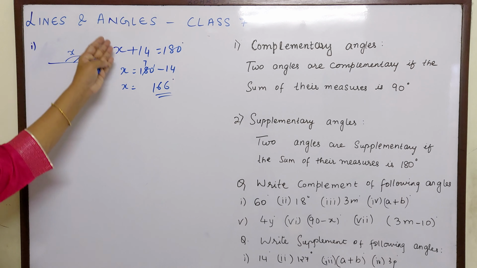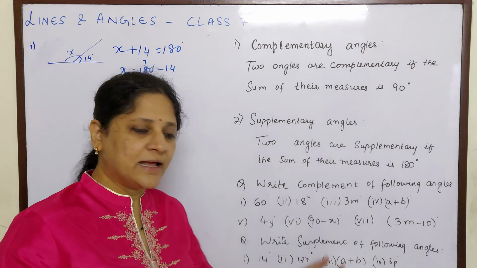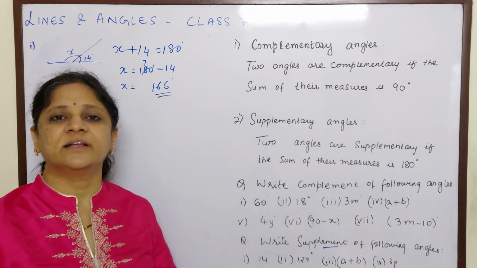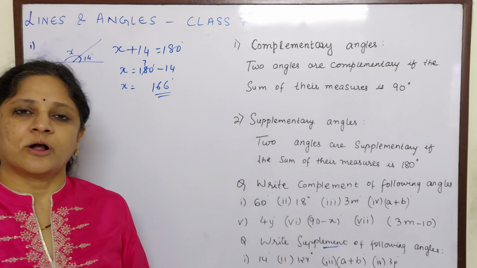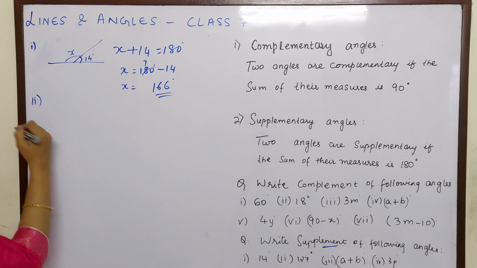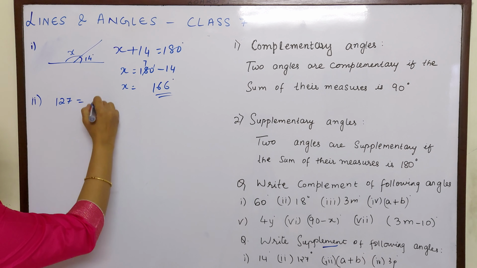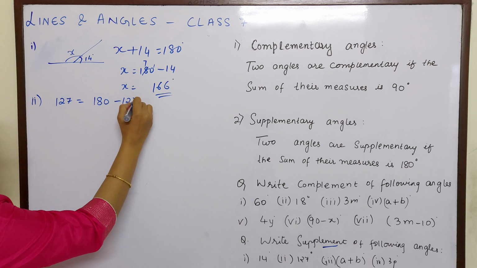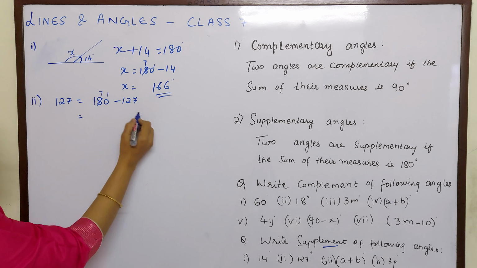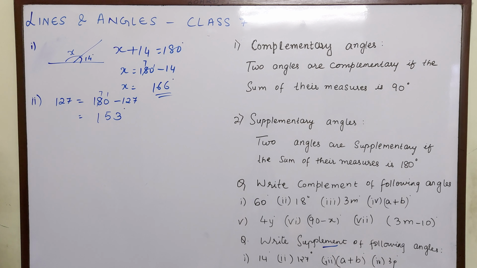Instead of going through all these steps, we have found out that whenever they ask us to write the supplement of the following, we subtract from 180, as we did for the complement with 90. Let us go to the next sum, 127. What is the supplement of 127? Because it is a supplement, we subtract it from 180. 10 minus 7 is 3, 7 minus 2 is 5, so 53 degrees.